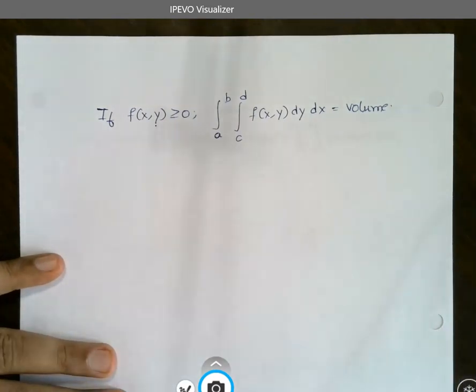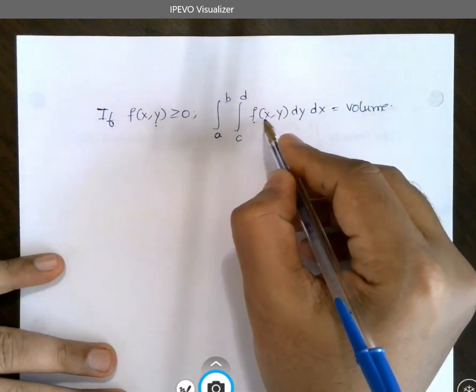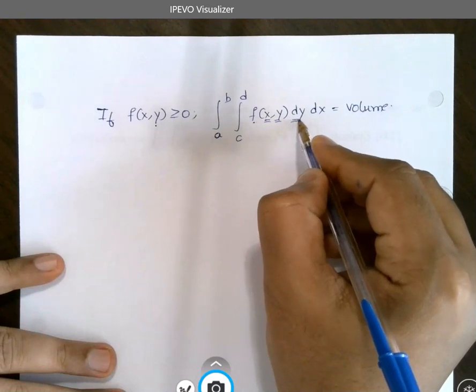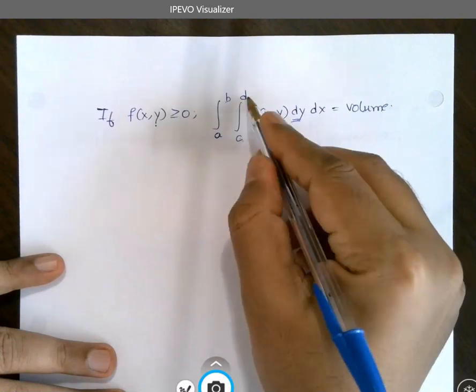Just like how we approximated the areas using rectangles, here as well we approximate the volumes using rectangles, but I'm not going to go into great detail. Here the function f is a function of two variables x and y. First we integrate with respect to dy, and the domain for y is from c to d.